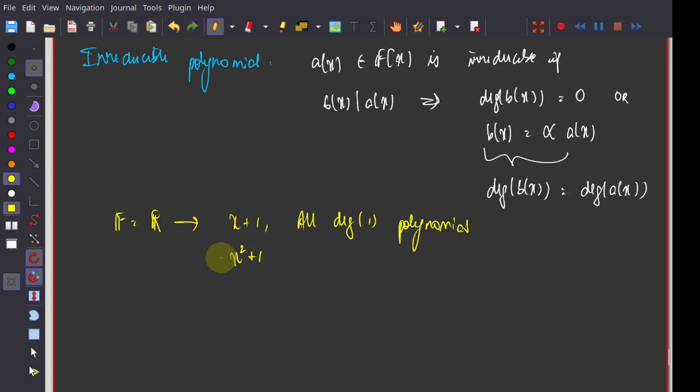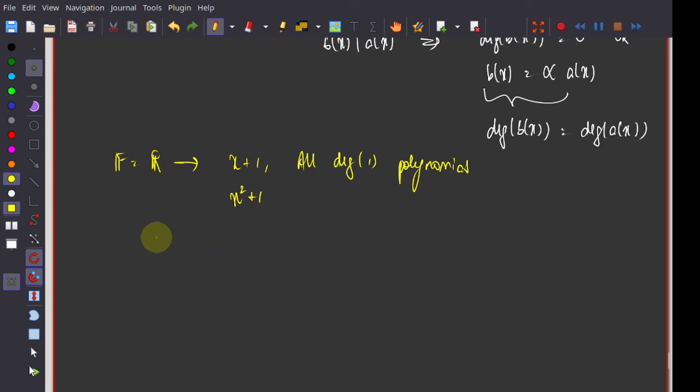No, it's not x square plus A square. Wait, minus.